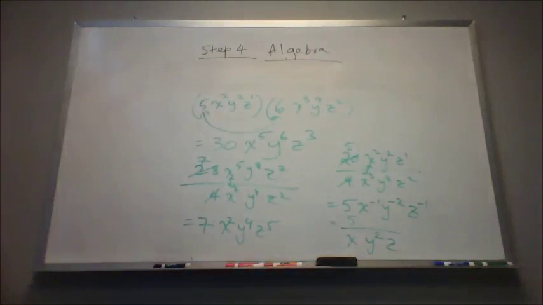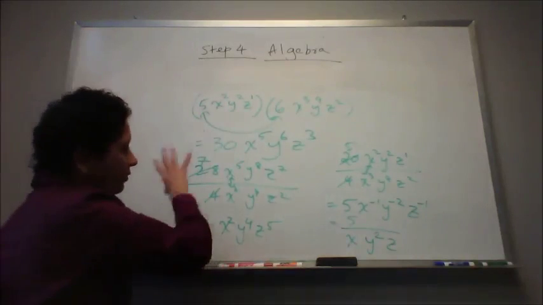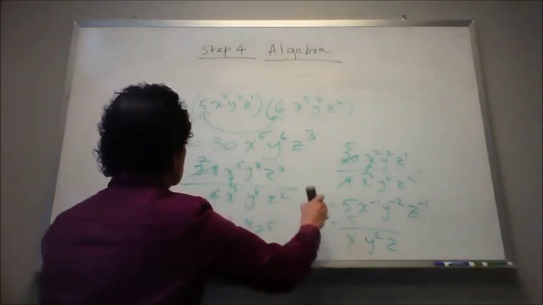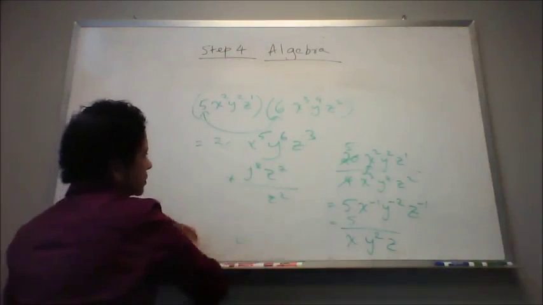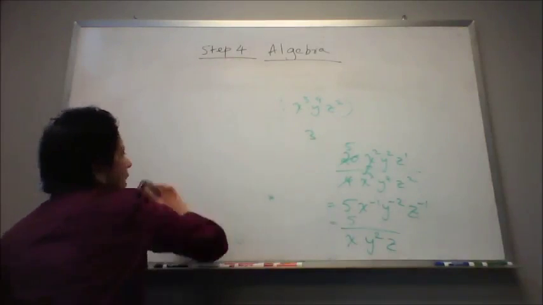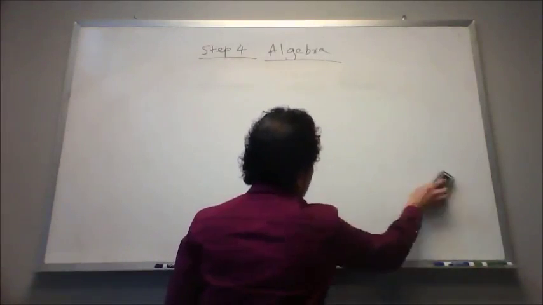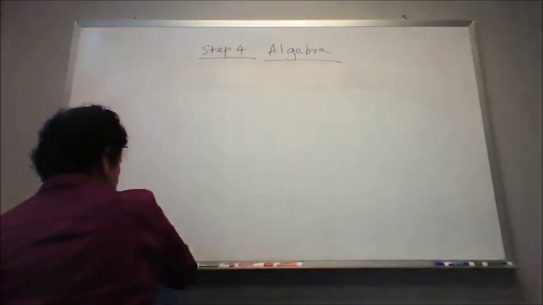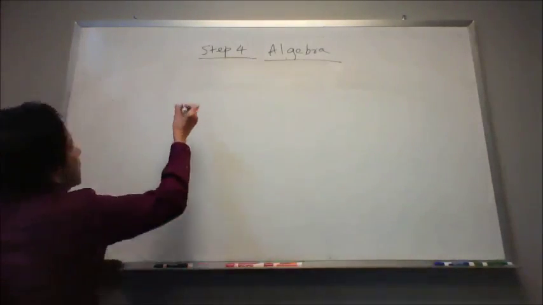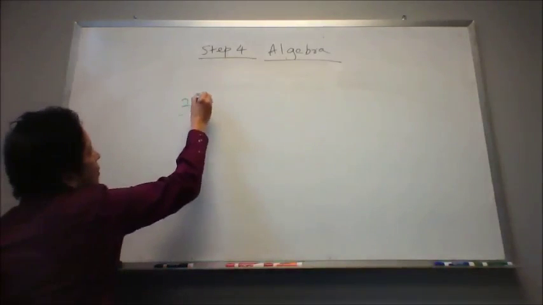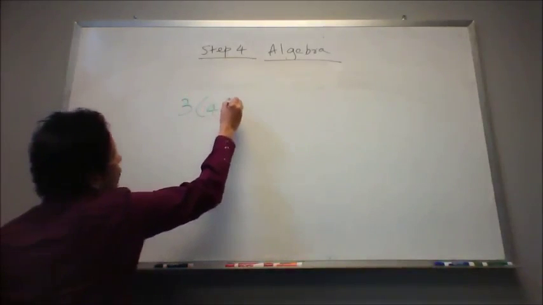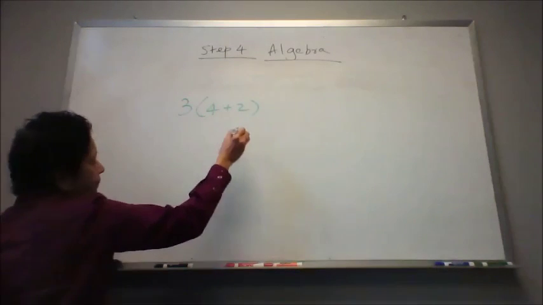So then, the next thing we want to cover, okay, we have covered the basic operations: addition, subtraction, multiplication, division. So now we want to do the distributive property that we covered before. For example, let's start with the numbers we know, like 3 times 4 plus 2, okay.